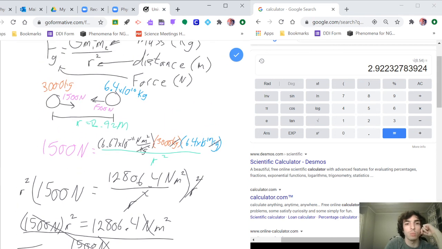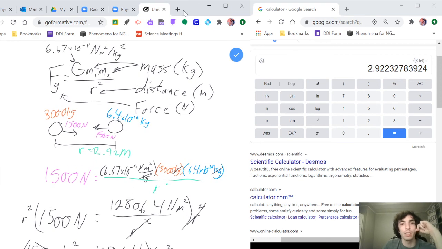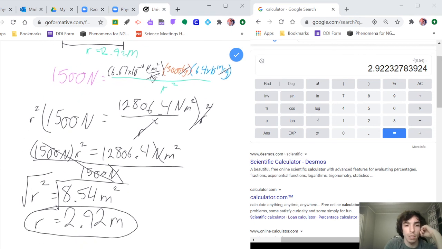If you plugged in those base units, then you're going to get out a base unit for whatever you're solving for. So if you plugged in only kilograms and meters on this side of the equation, you're going to end up with newtons. And if we were solving for a distance, if you only plugged in our masses in kilograms and our force in newtons, then you're going to get your distance in meters. So you can trust those units as long as you plug in base units.